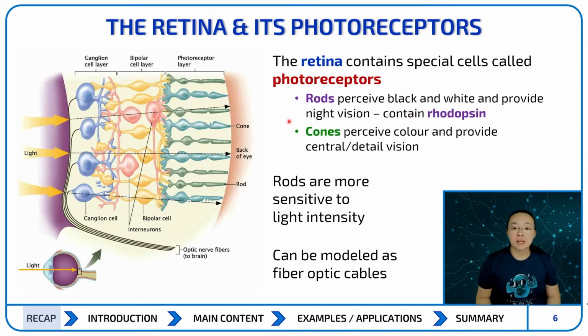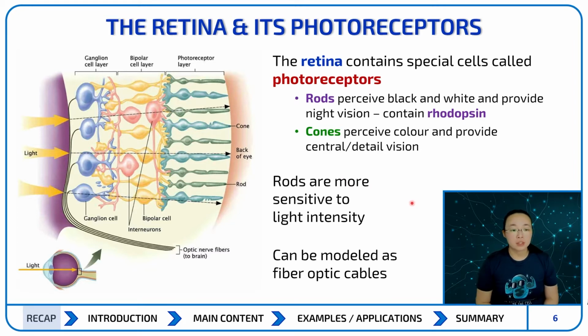Because they perceive black and white, they're also more sensitive to light intensity. So the brighter something is, the whiter it'll appear. The darker something is, the more black it's going to appear. So rods play a huge role in night vision. In terms of cones, they perceive color and provide detail vision. So it's important to note the difference between the two.